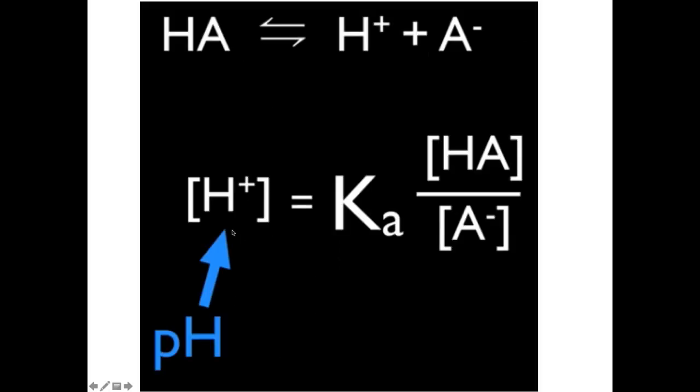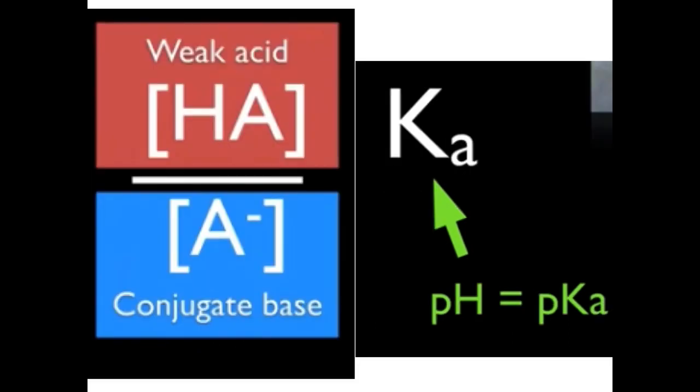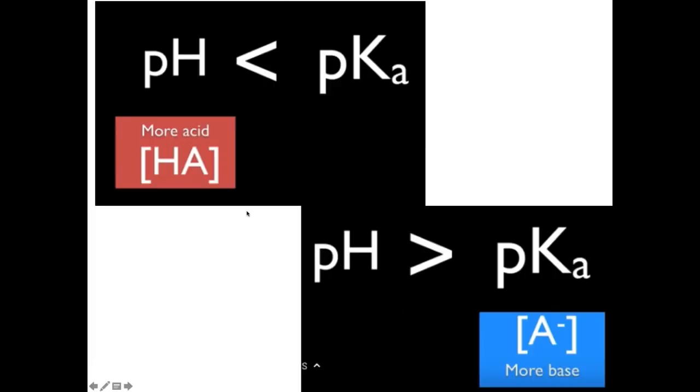So pH will basically equal pKa plus the log of base over acid. Good buffers will have a weak acid and a conjugate base. If the pH is less than pKa, you're going to have more acid. If the pH is greater than pKa, you're going to have more base.